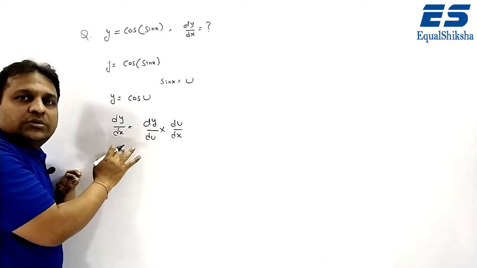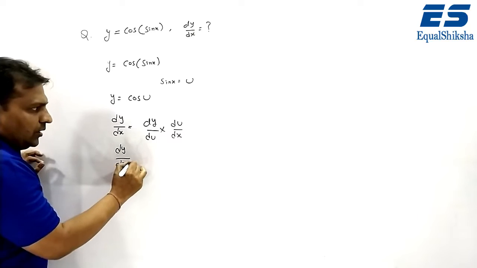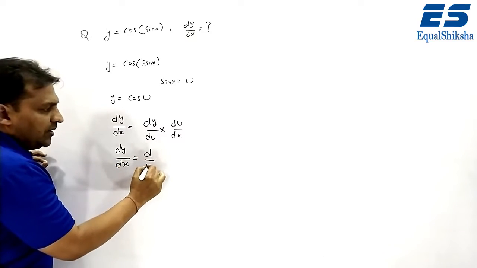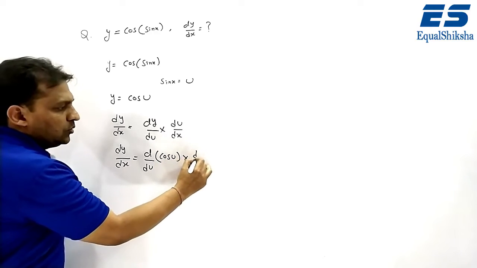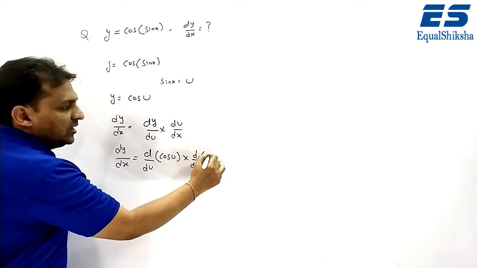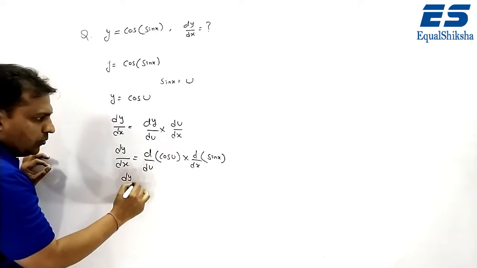This is called chain rule. Now we put the value, then dy by dx equals dy by du into du by dx. y is equal to what? cos u into du by dx, where u is equal to sin x.